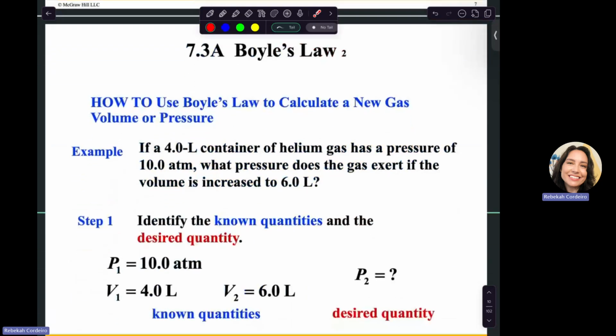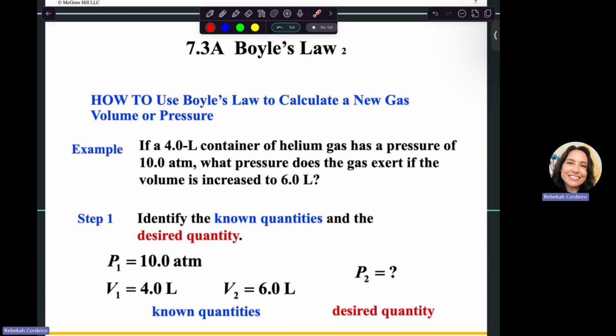I will let you work through this. We'll talk about these examples in class a little bit. But if this is your formula, P1 V1 equals P2 V2, can you solve for V2? You can pause the video and work through this.